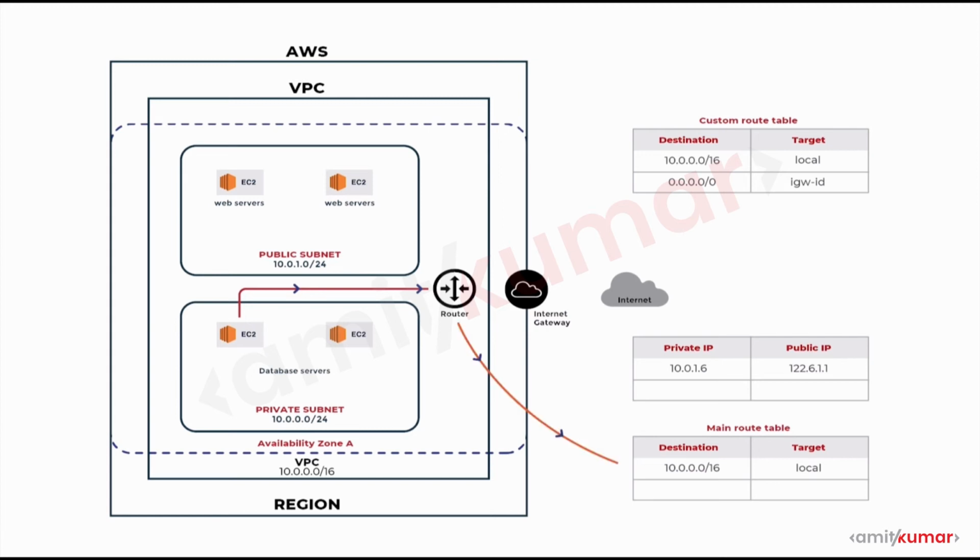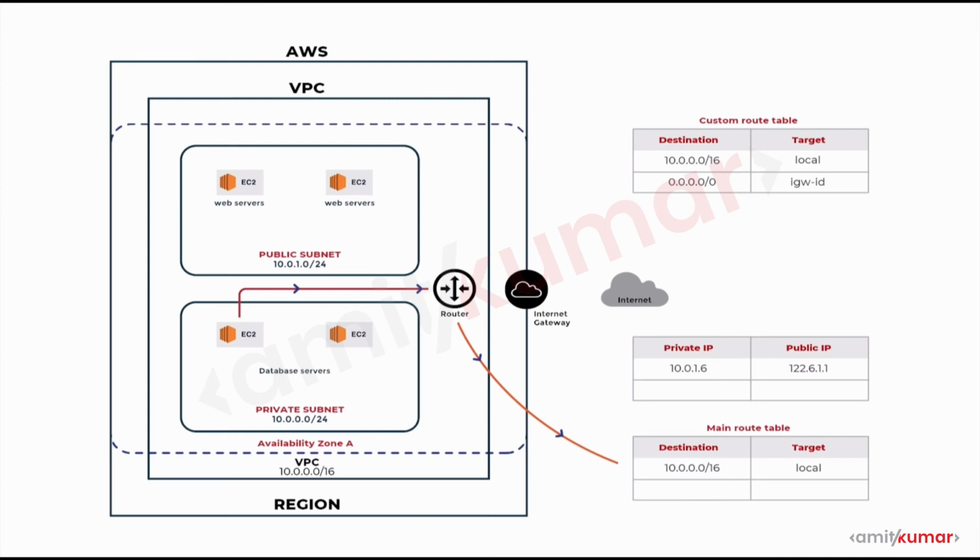The router consults the route table, and the route table has an entry as to what the behavior is if such a request comes. In case of private subnets, this is the only entry. That is, if the destination is the CIDR block of the VPC, 10.0.0.0/16, the target is local, that is, route inside the VPC to one of those instances.